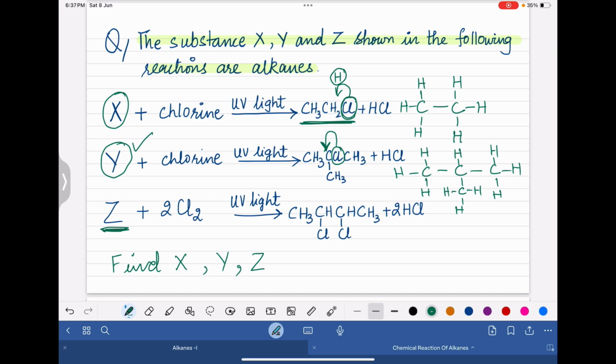Now what is alkane Z? On the product side there are two chlorine atoms present with two different carbon atoms. So this means that two hydrogen atoms are substituted. In place of chlorine we will write two hydrogen atoms here. So what will be the displayed structure for the alkane? I will start from the left side. CH3.